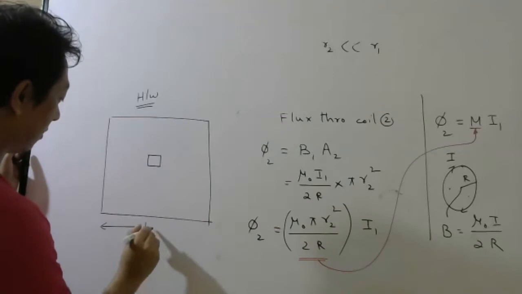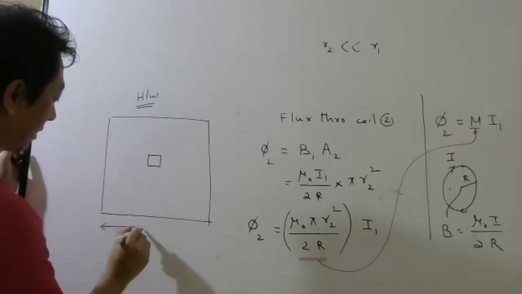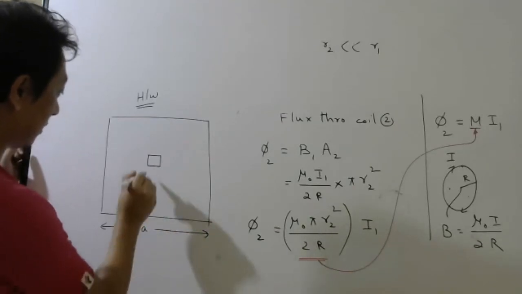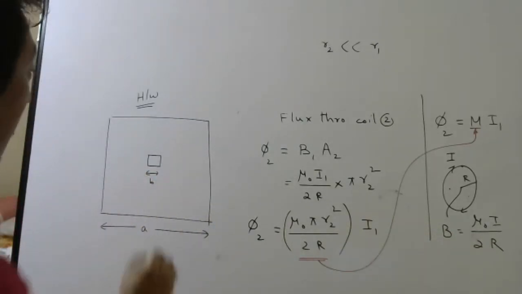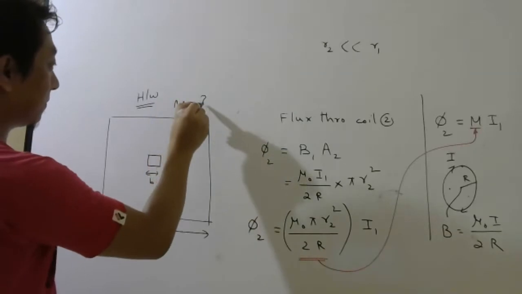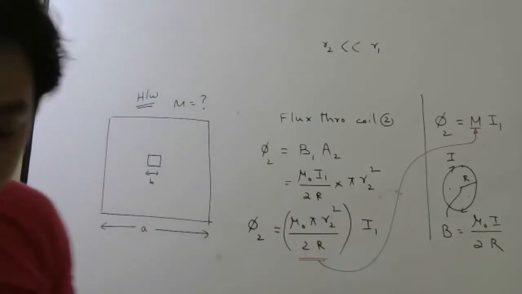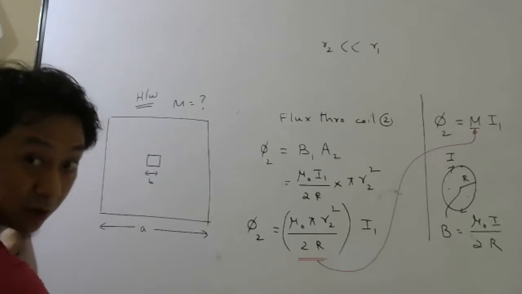This side is A, this side is B. You have to find the mutual inductance of this system. So try this at home and see whether you are able to do it or not.